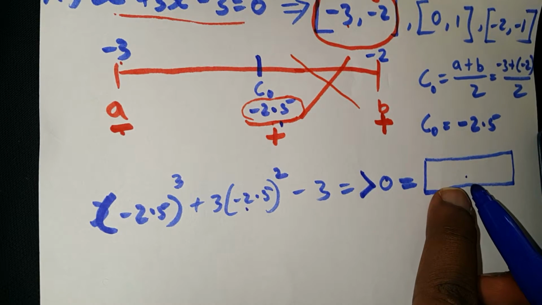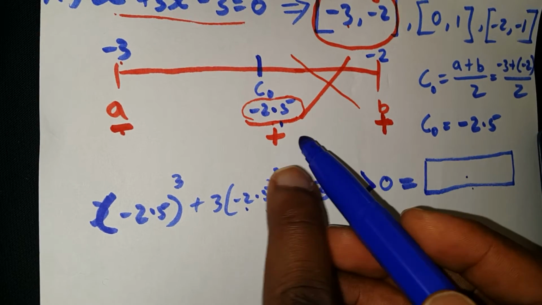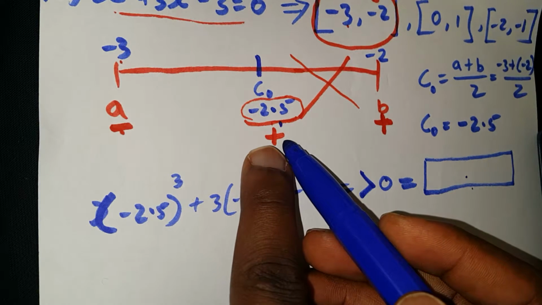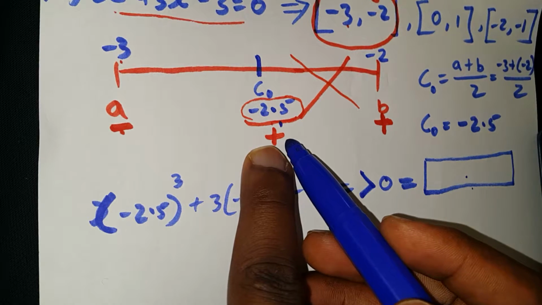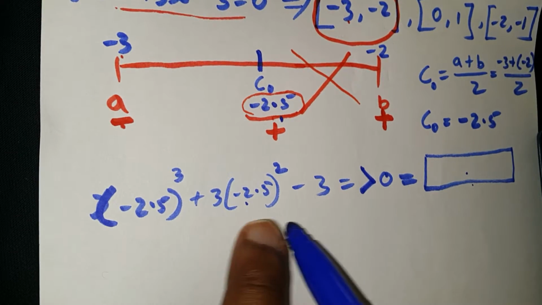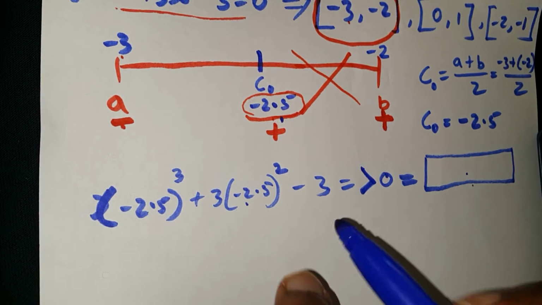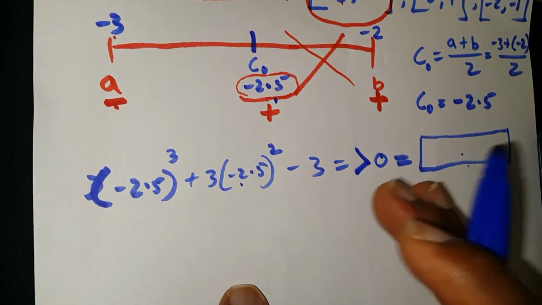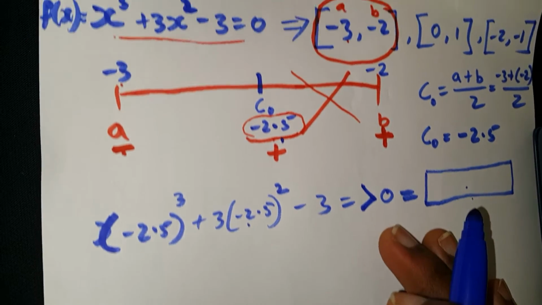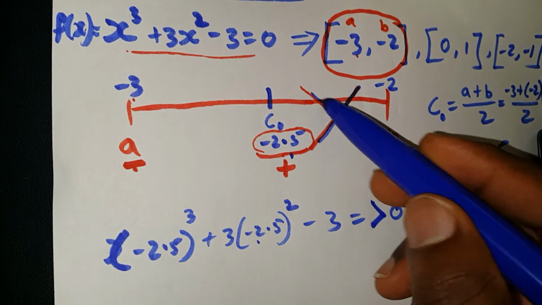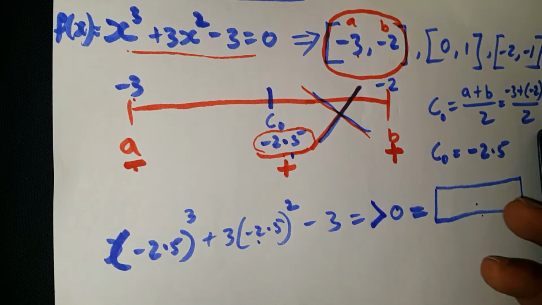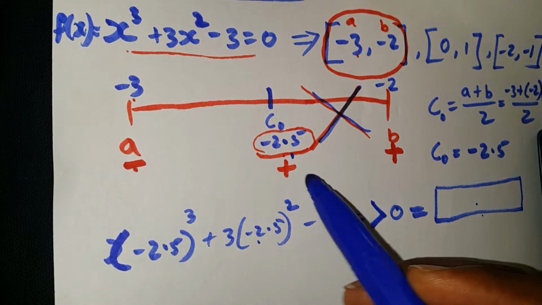You know what the value is, then take the sign and put it here to proceed with your solving. If I solve it by putting in every sign, it's going to take much time, so I am trying to analyze it for you. This place we said is cancelled because positive, positive, no. So now we have negative and positive.